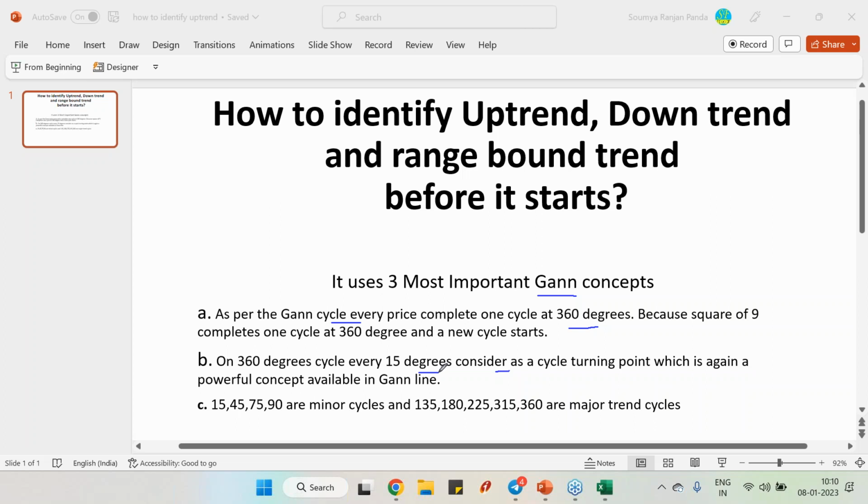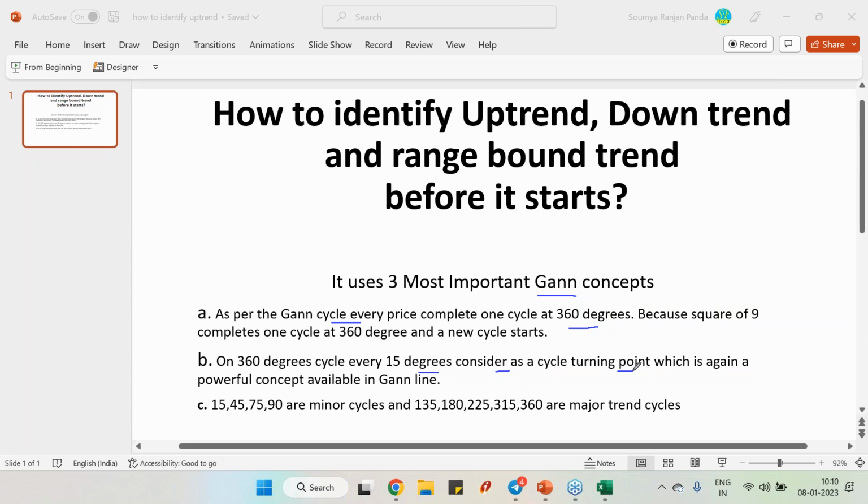That depends on the attention, which can be diverted at any point of time during cycle formation. That part is known as your cycle turning points.